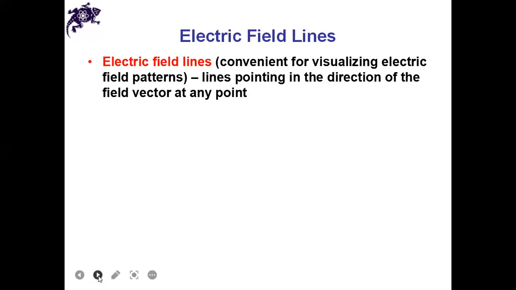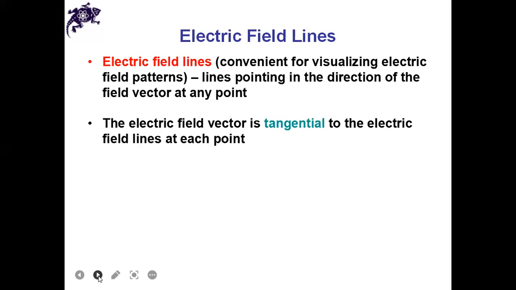First of all, I want to review what electric field lines are. Electric field lines are convenient for visualizing electric field patterns, with lines pointing in the direction of the field vector at any point. The electric field vector is tangential to the electric field lines at each point.